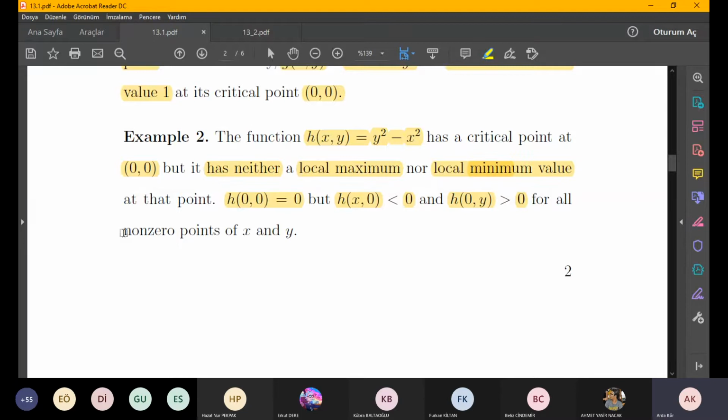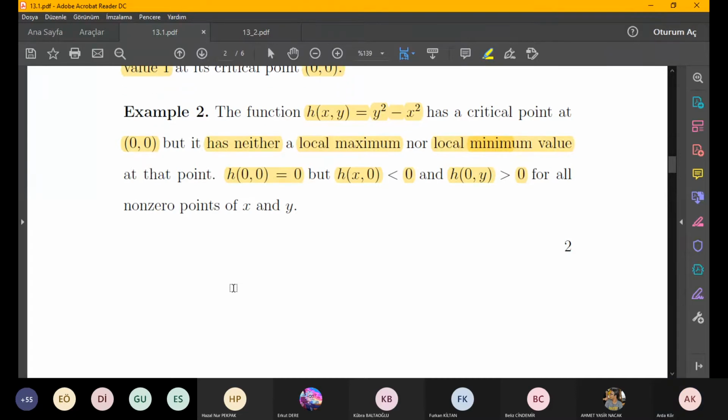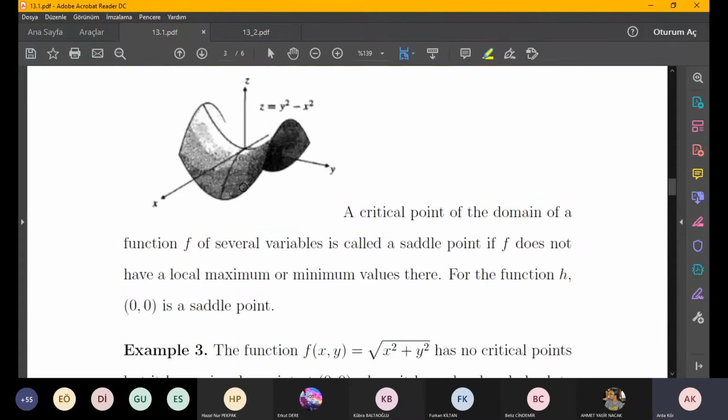Okay, now we will give another definition. What is classification of (0,0)? So this is our h function.